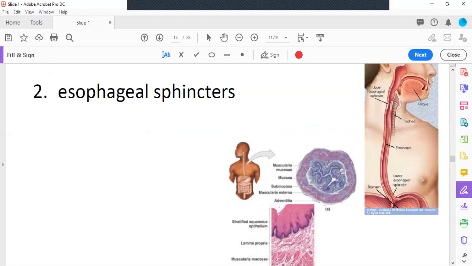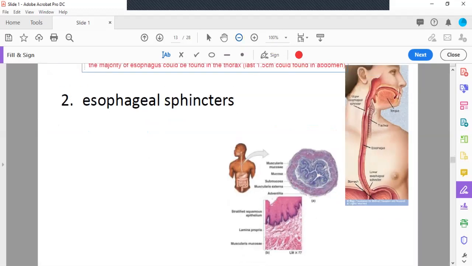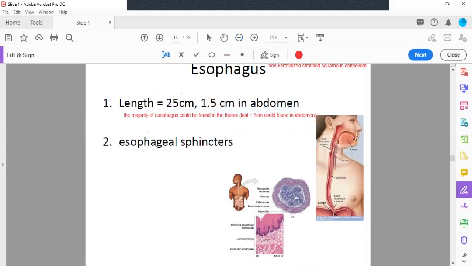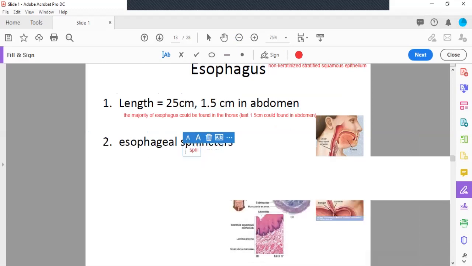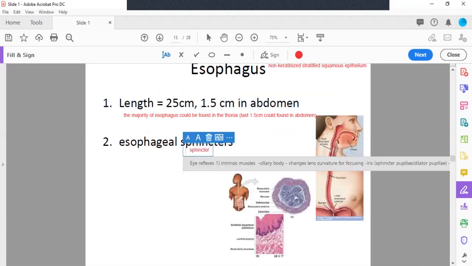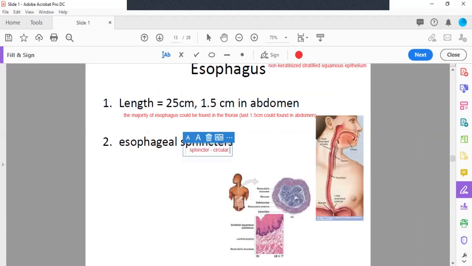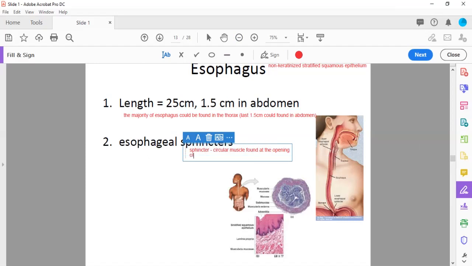Now, the esophagus has two esophageal sphincters. A sphincter represents a circular muscle found at the opening of a tube.